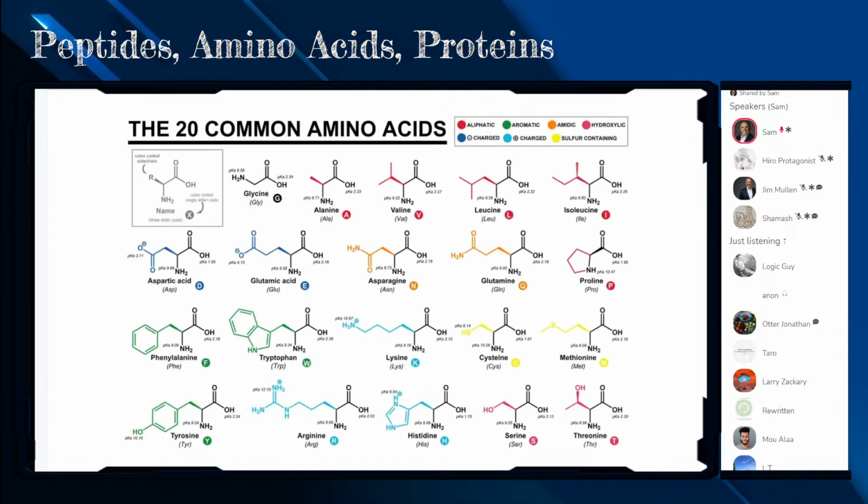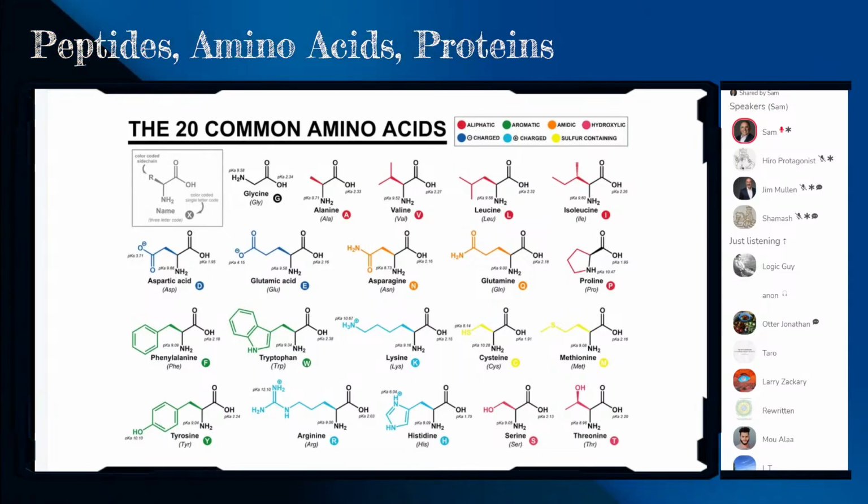So on slide 12, I have the listing of the 20 common amino acids. Why is it that 20 common amino acids? Because these amino acids are the ones that are used in proteins in nature.